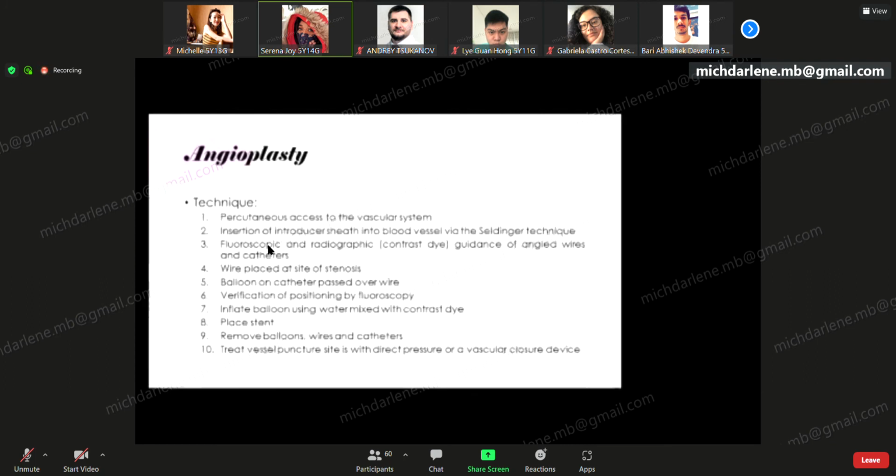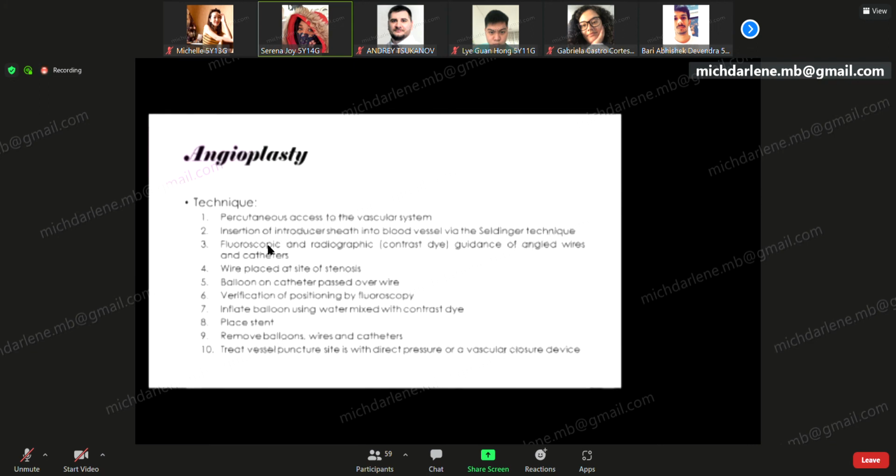Techniques: percutaneous access to the vascular system, insertion of the introducer sheath into the blood vessels, Seldinger technique, fluoroscopic and radiographic contrast dye, guidance of wires and catheters, wire placed at the site of stenosis, balloon or catheter placed over the wire, verification of position via fluoroscopy, inflate the balloon using water mixed with contrast dye, place the stent and remove balloons, wires and catheters.